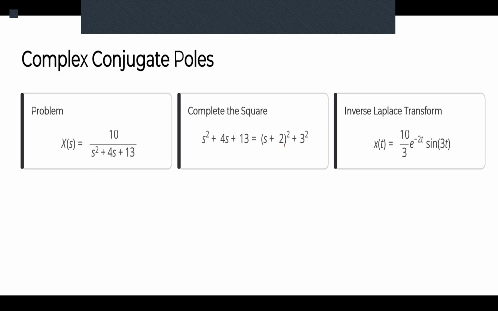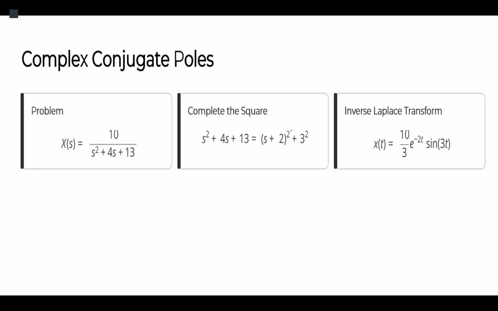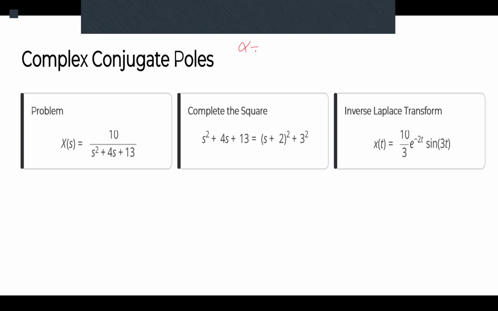Is that clear? What we're talking about? S plus 2 squared equal to 0. If you solve that for s, the result would be two complex numbers, both conjugates of each other. So one of them is going to be alpha plus j beta, another one is alpha minus j beta.